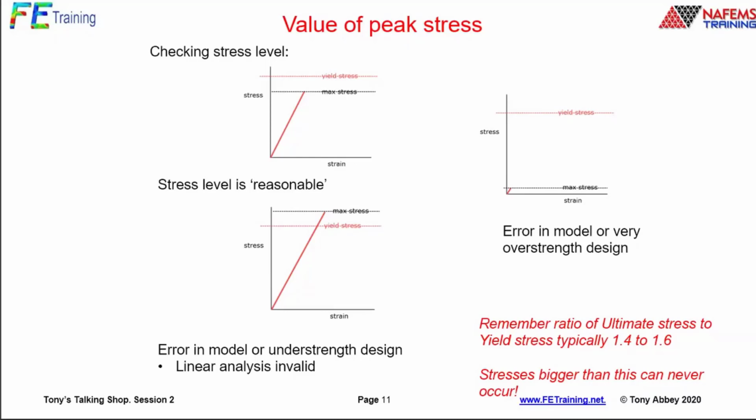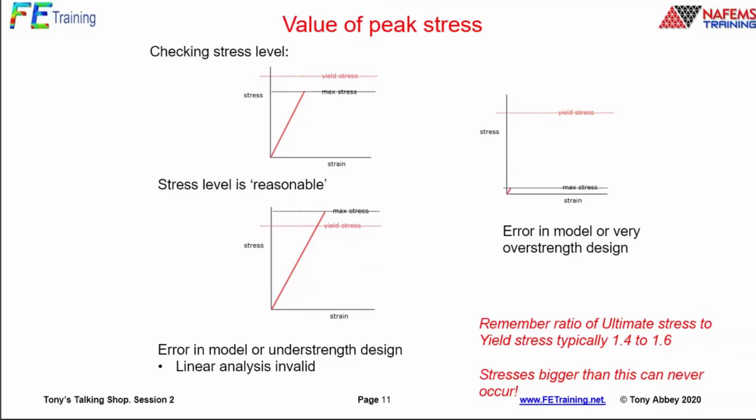There are two things that have potentially gone wrong. There's an error in the model, for example loads are wrong or cross-section areas are wrong, all what I call finger trouble, things we've typed in wrong or got our data wrong. Or, more unfortunately, the design is actually under strength.